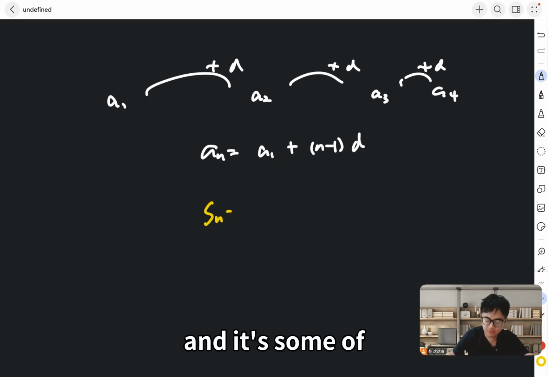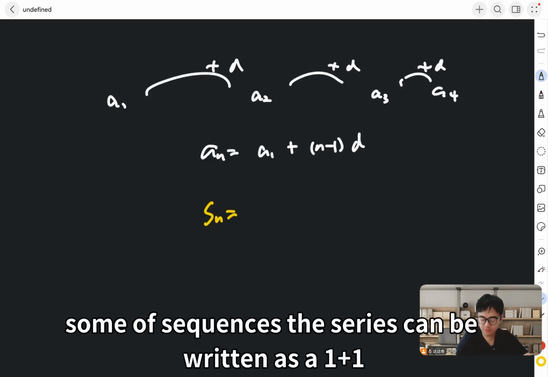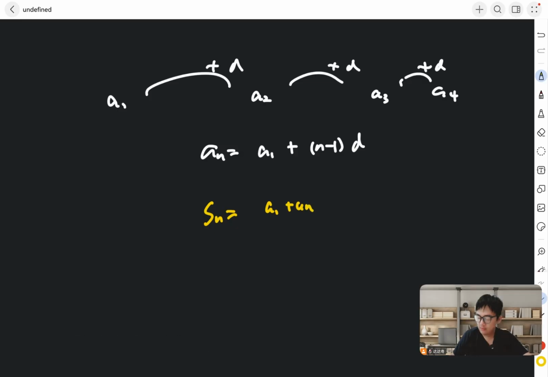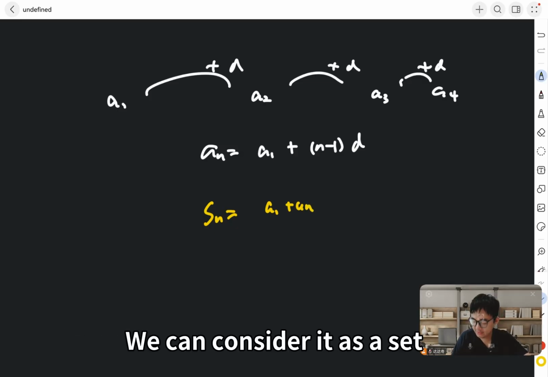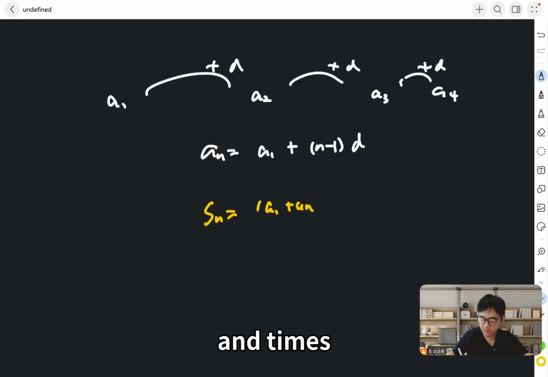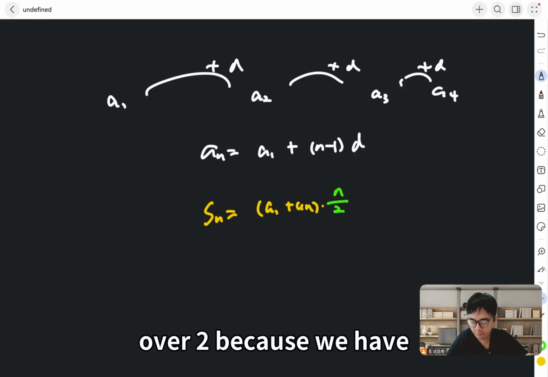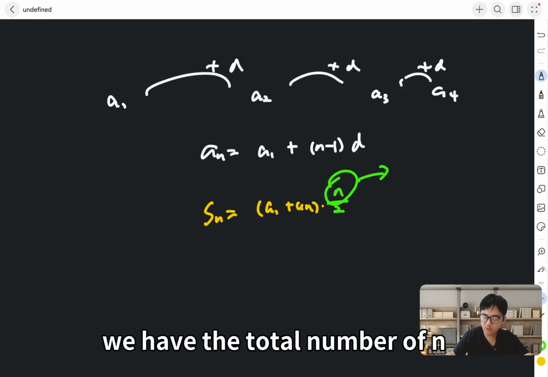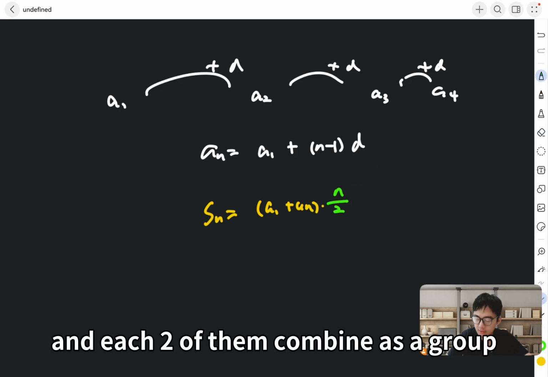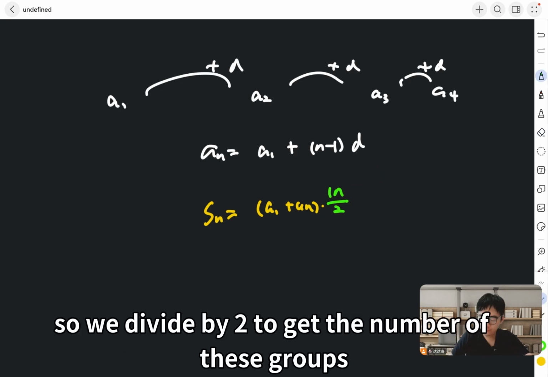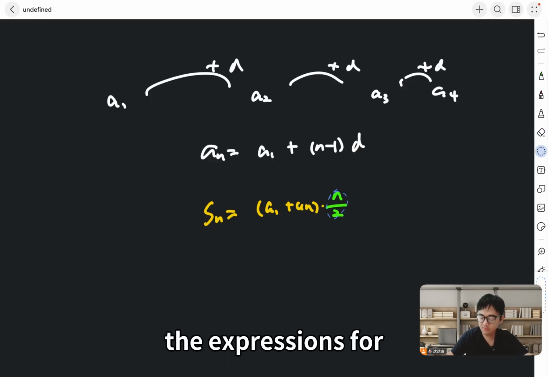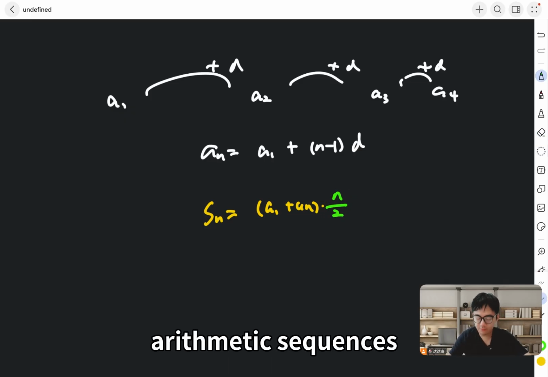And its sum of sequences, the series, can be written as a1 plus an. We can consider it as a set, and times n over 2, because we have the total number of n, and each two of them combine as a group, so we divide by 2 to get the number of its groups. So these are the expressions for arithmetic sequences.